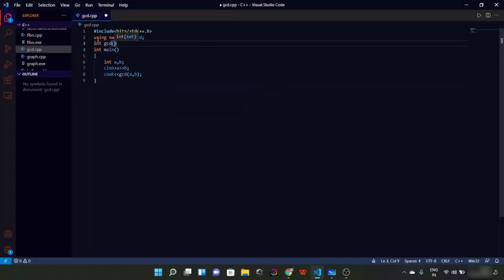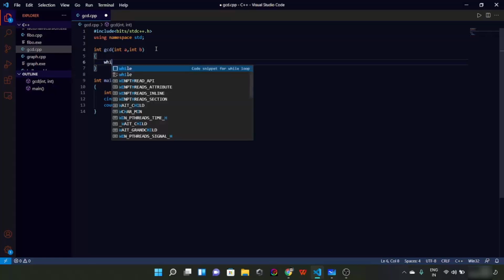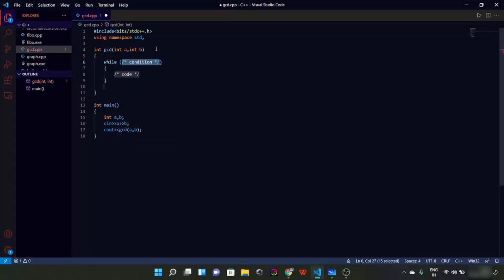Let's have a function GCD where we will declare two variables, int A and int B. Now there is going to be a while loop. So what would be the condition? A not equal to B, the loop would run till then, right?